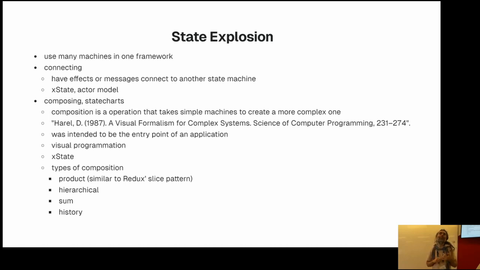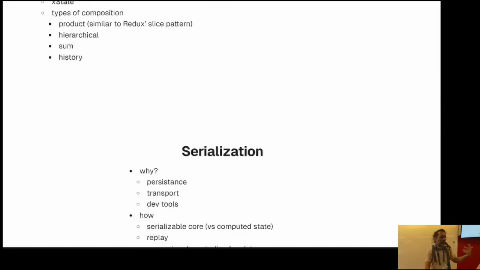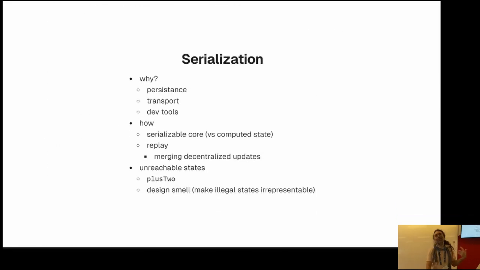The point is, when it was thought of, you wanted some kind of visual communication, and the state machine was the main entry point of your application. But often we don't need this because we have another entry point, such as a framework.